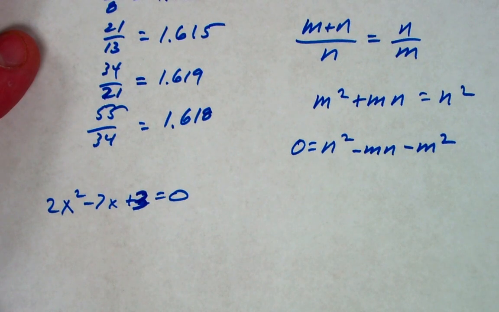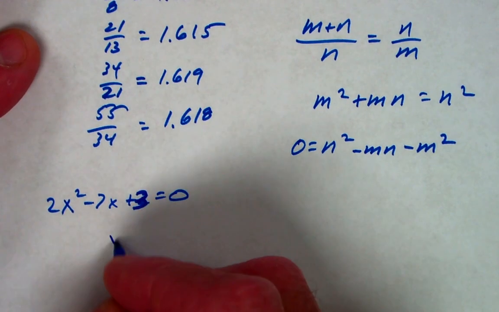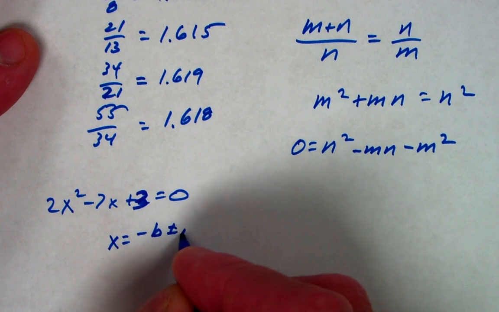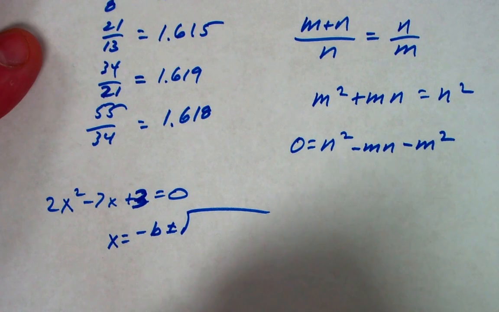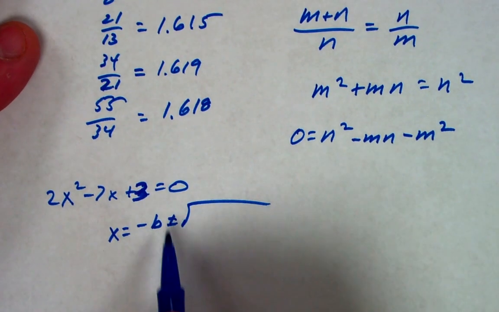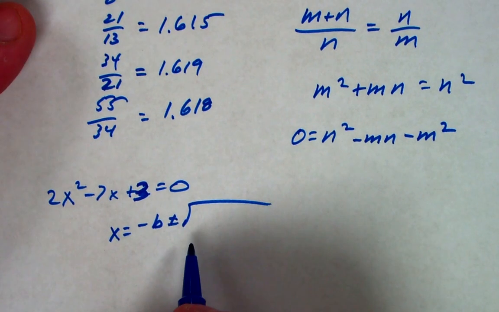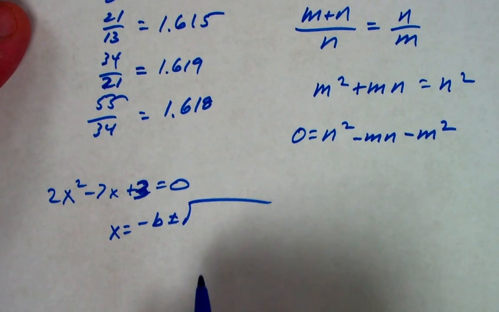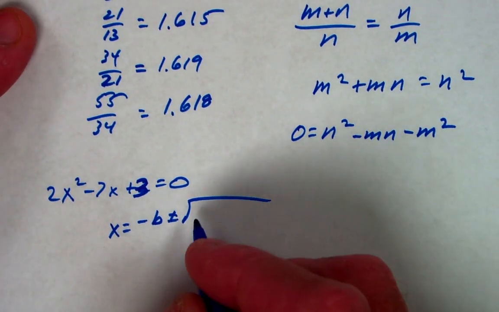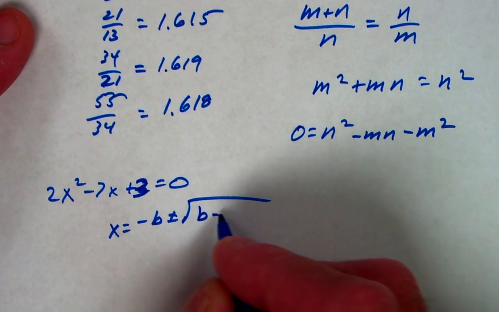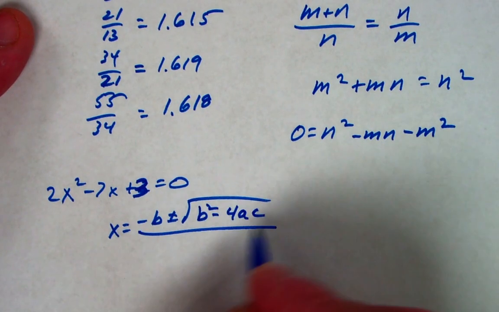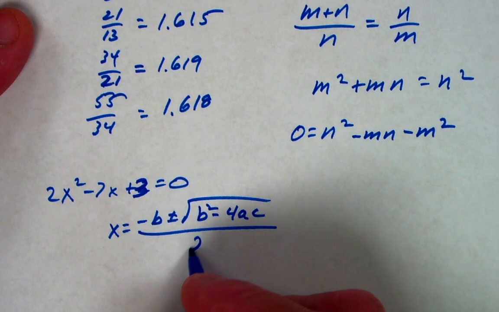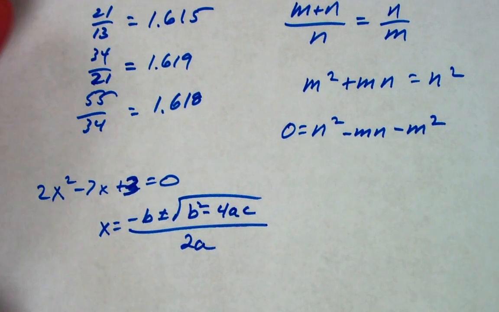You'd find x equals negative b plus or minus the square root of b squared minus 4ac, all over 2a. So there's my quadratic formula, okay?